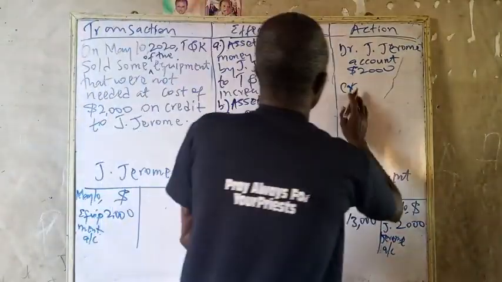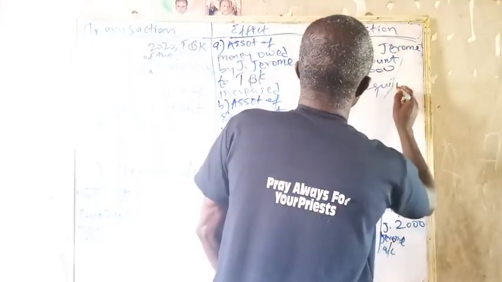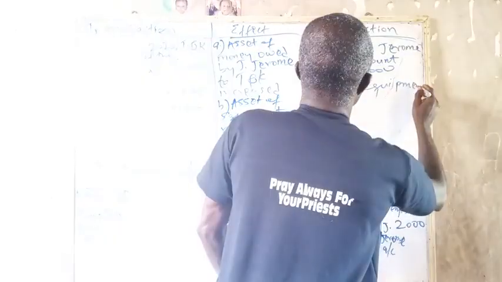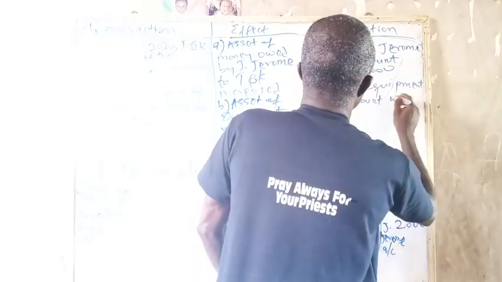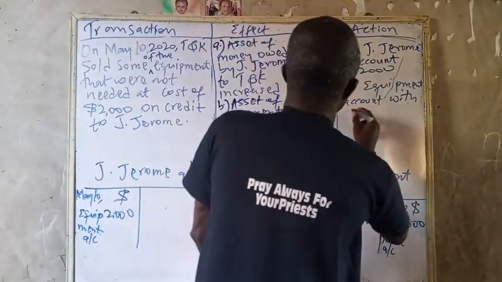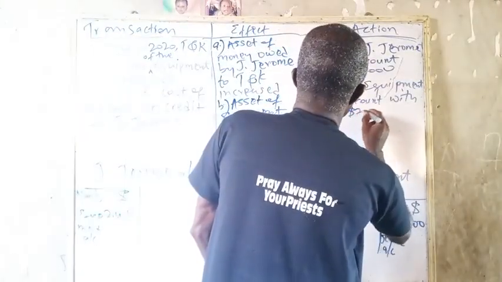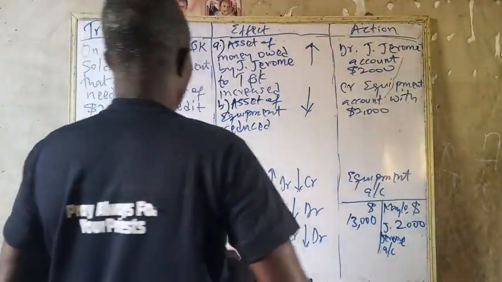Equipment account. Credit equipment account with what? With the same amount, $2,000. So that's example 5.